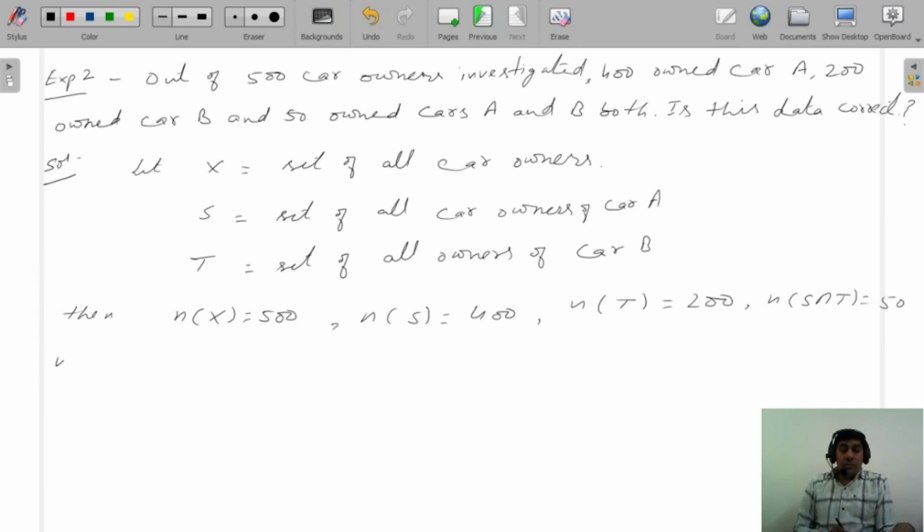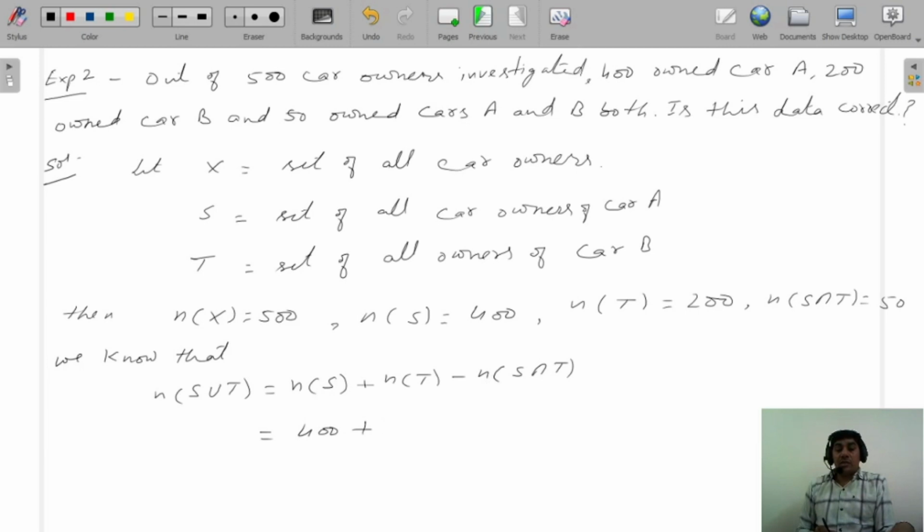We know that n of S union T is equal to n of S plus n of T minus n of S intersection T. Putting the values of n of S, n of T and n of S intersection T, we have 400 plus 200 minus 50 is equal to 550.